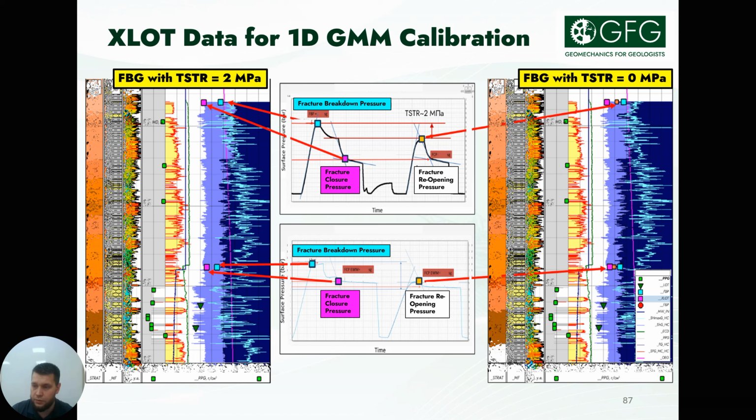XLOT data can be used not only to estimate the minimum horizontal stress, but also to estimate the maximum horizontal stress as shown in the figure. So the maximum horizontal stress in a vertical well can be recalculated from the fracture breakdown pressure and the fracture closure pressure, taking into account the tensile strength.